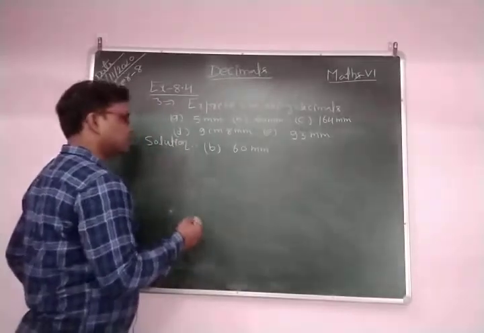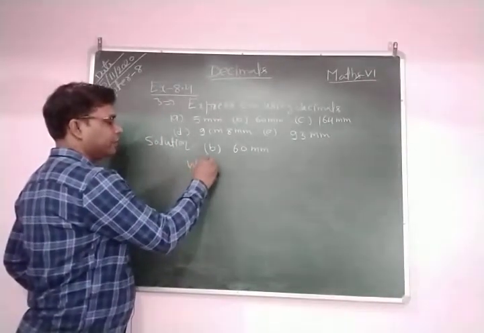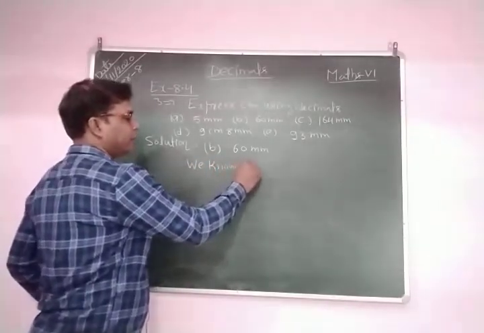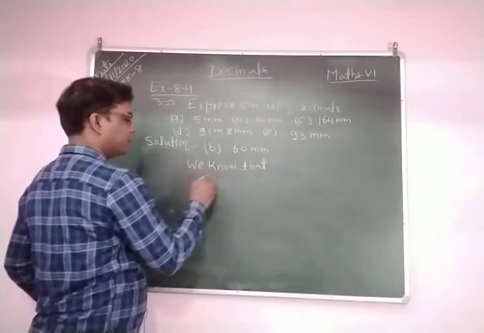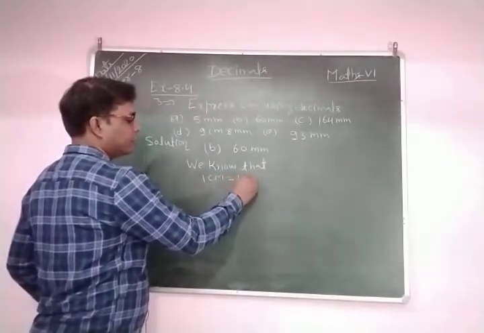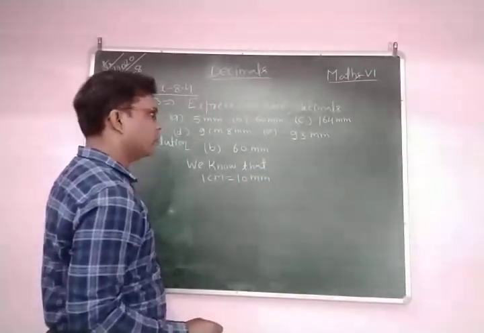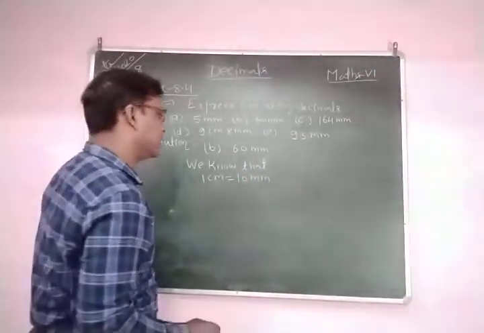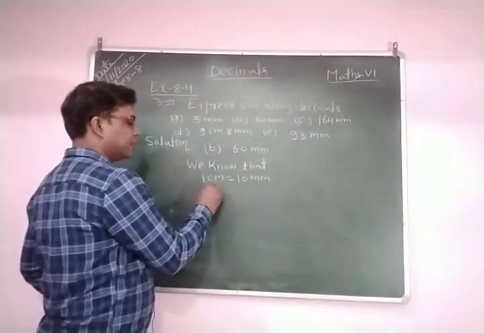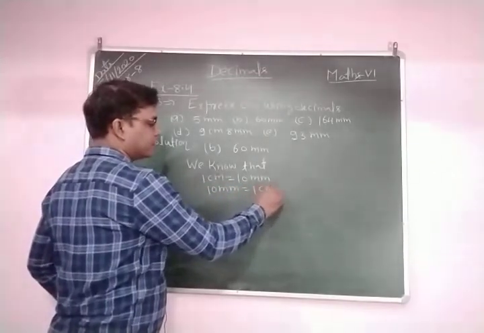So you can write here first, we know that 1 centimeter is equal to 10 millimeters, or we can say 10 millimeters is equal to 1 centimeter.